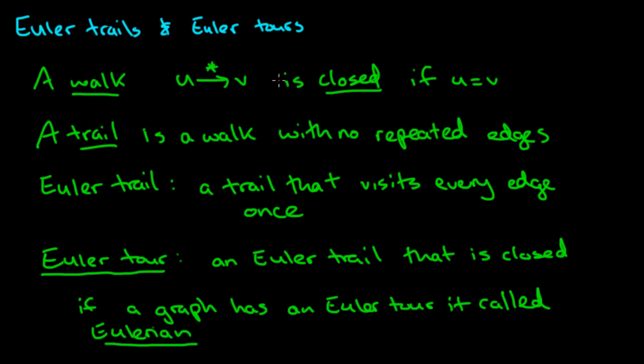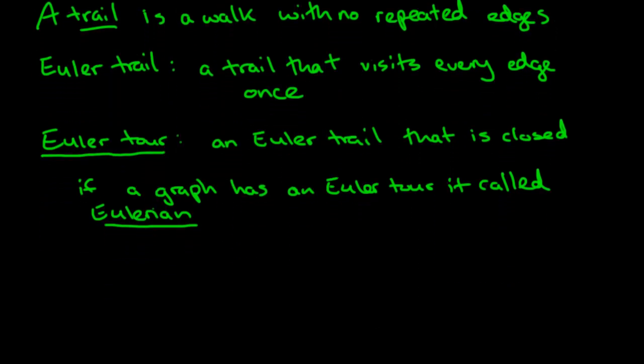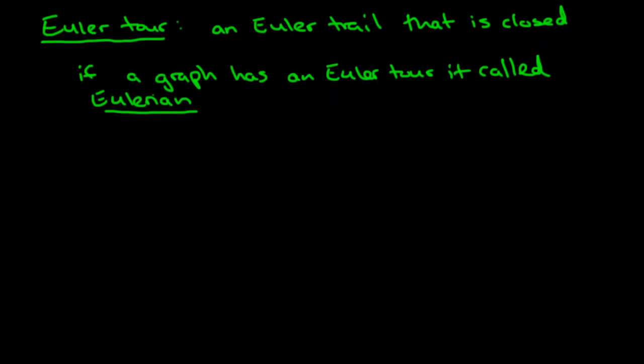And maybe the first big theorem that we should take a look at is something that's not too difficult to show. So I'll write it here as a theorem. I'll just scroll down so we still have the definition of Euler tour. And let's call this theorem.